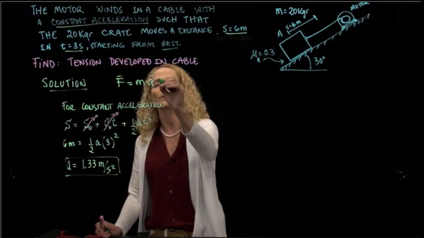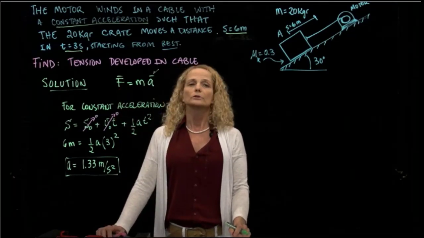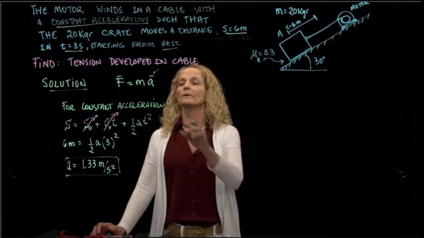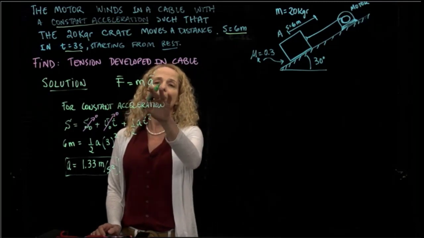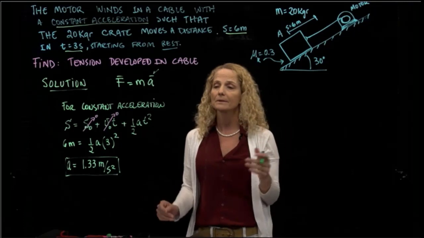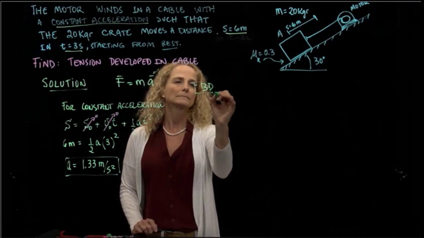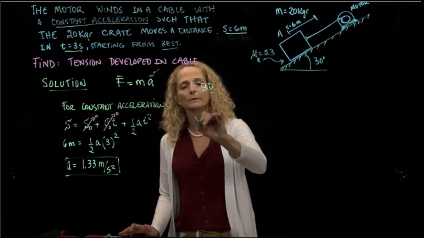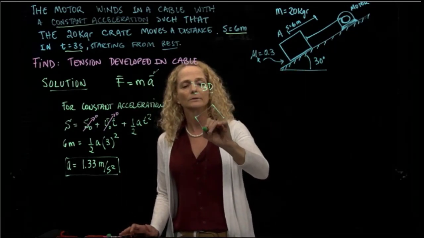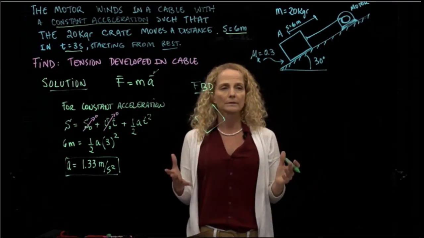Now that we have that part of the equation, we can find the other part. So the next step is to do our free body diagrams and our acceleration diagrams, which are called kinetic diagrams. So let's do our free body diagram. We draw our system in this direction. As you see, we always have to choose first our coordinate system.